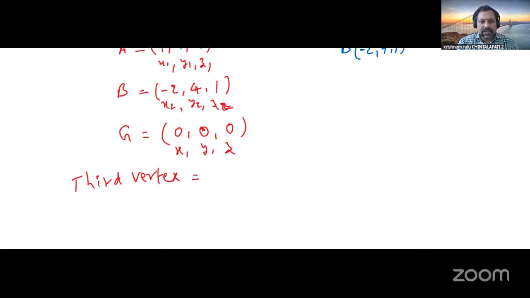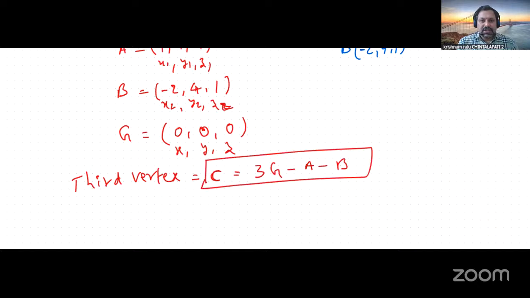The third vertex C can be found by 3G minus A minus B. Written as a formula, with G as (x, y, z): 3x minus x1 minus x2, similarly 3y minus y1 minus y2, and 3z minus z1 minus z2. Got it?